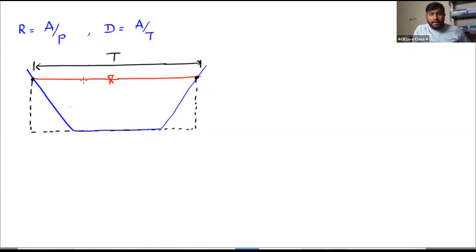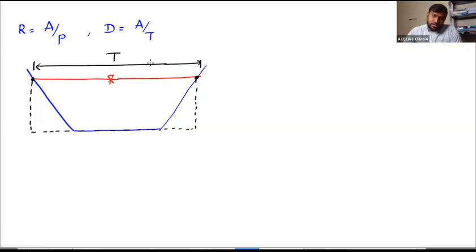This is a rectangle of top width T. Now, what I want to do over here is, you know that hydraulic depth means area by T, yes or no? I am making the T constant. So if I make the T constant, for the rectangular section the area is going to be more than the trapezoidal section. So obviously, for the trapezoidal, the D value is going to be less than y.